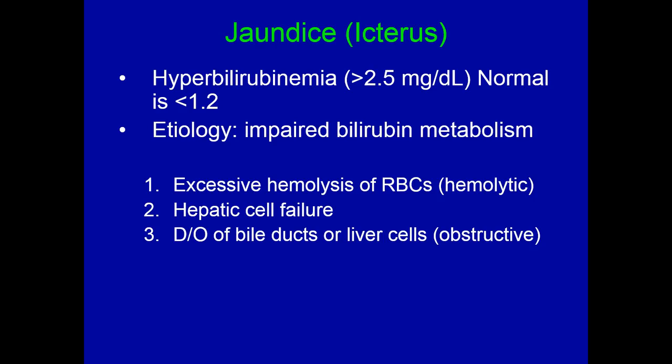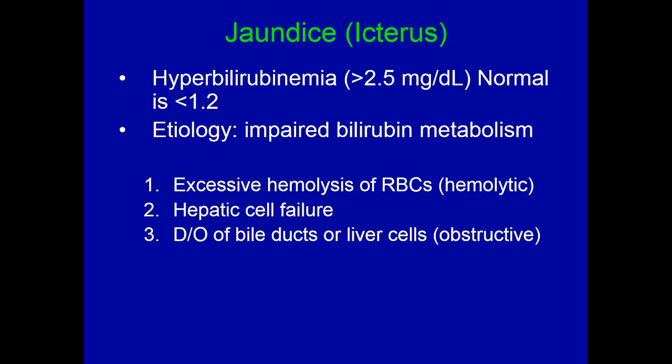First we'll start with jaundice and why that could take place. Jaundice is also known as icterus. Most people say jaundice, but I have seen icterus written in a few charts in the past few years, so it's important to be familiar with the vocabulary. Jaundice means that there are high bilirubin levels in the body, or hyperbilirubinemia.